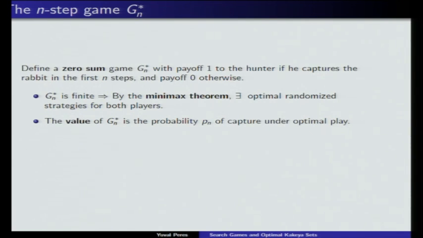The number of pure strategies available to the rabbit is just n to the n, or n to the n plus 1, because he has to choose an initial site and then jump n times to other sites. While for the hunter, it's just maybe n times 3 to the n. He has to choose an initial site and then choose where to go, but he also has 3 options at every move. So these are the pure strategies available to them.